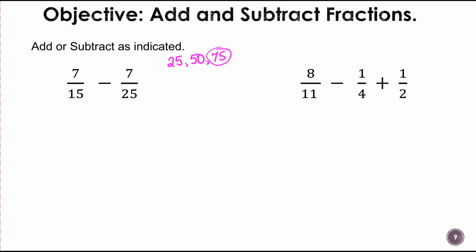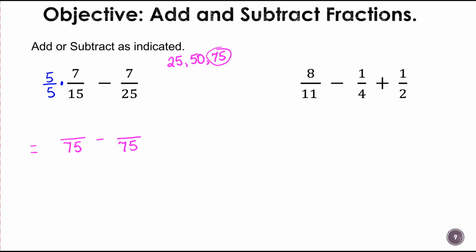Okay, so now I'm going to rewrite my fractions with a common denominator of 75. And then I'm writing equivalent fractions again. I'm going to multiply by whatever it takes to get that denominator. Well, it's 15 times 5, so I multiply my numerator by the same number, 5. 5 over 5 equals 1.